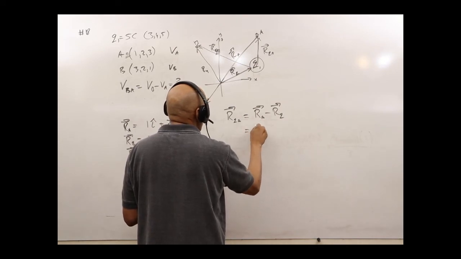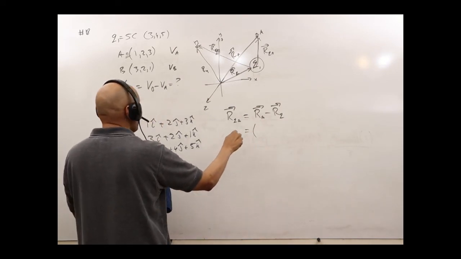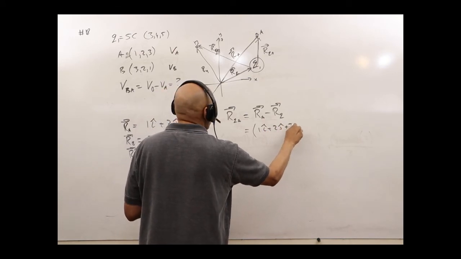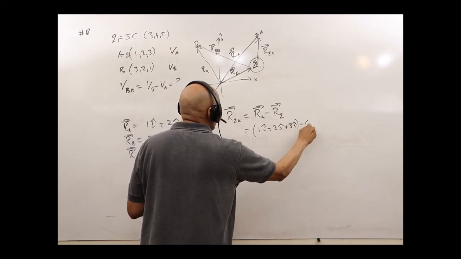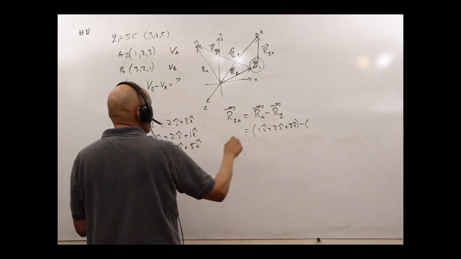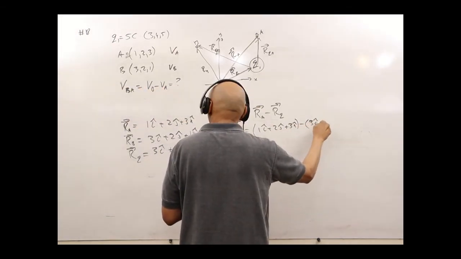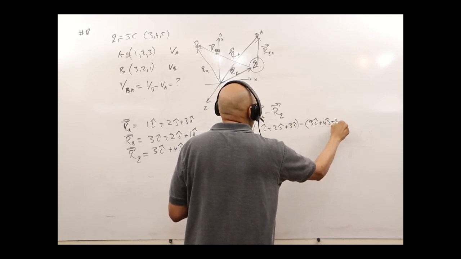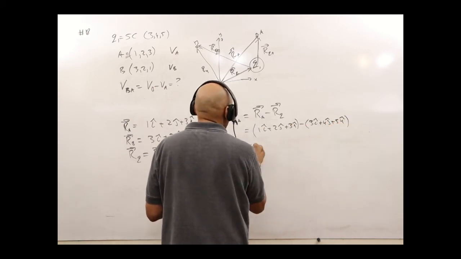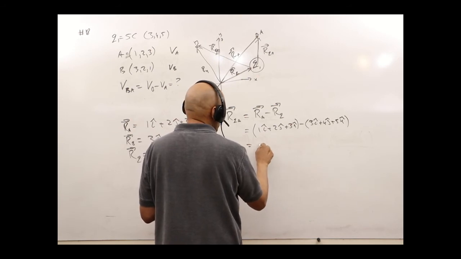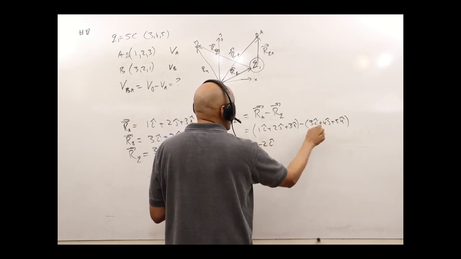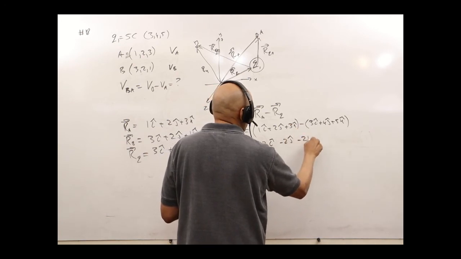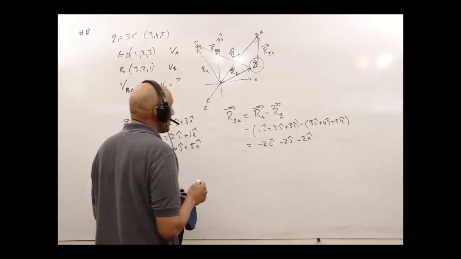RA is 1i plus 2j plus 3k, minus RQ, which is 3i plus 4j plus 5k. So 1 minus 3 is negative 2i, 2 minus 4 is negative 2j, and 3 minus 5 is negative 2k. So that's our vector QA.